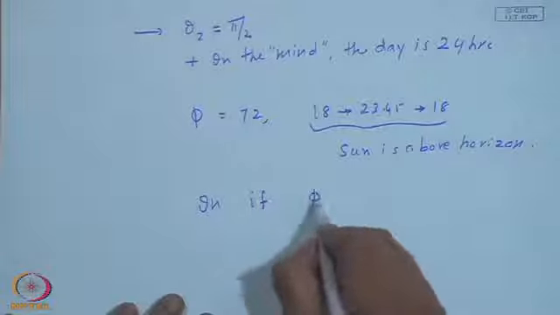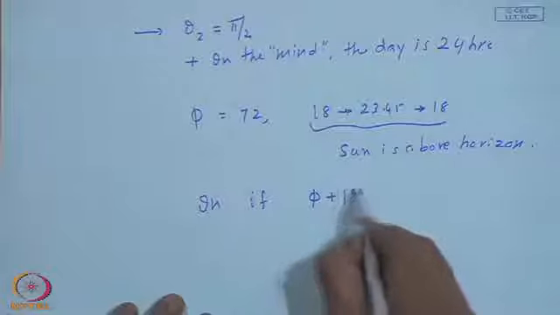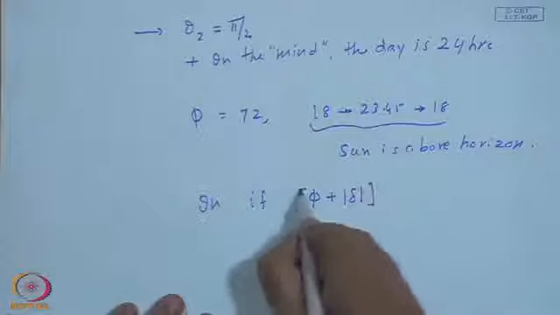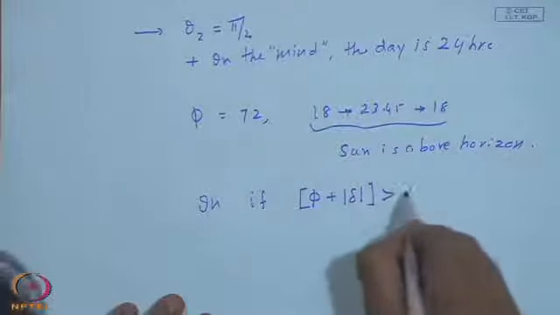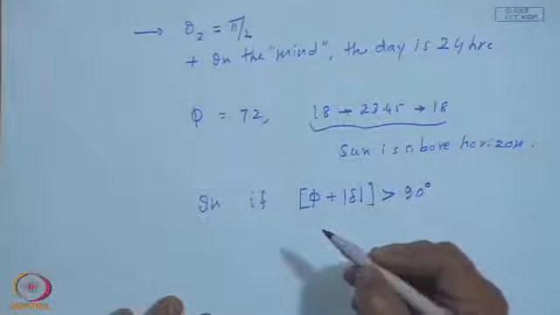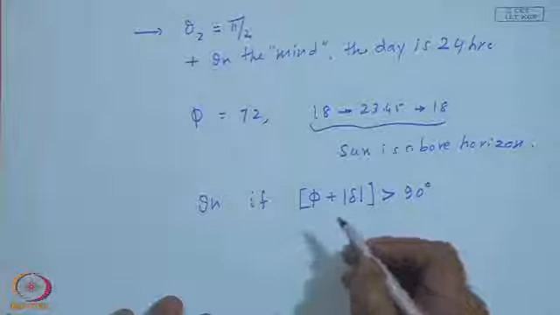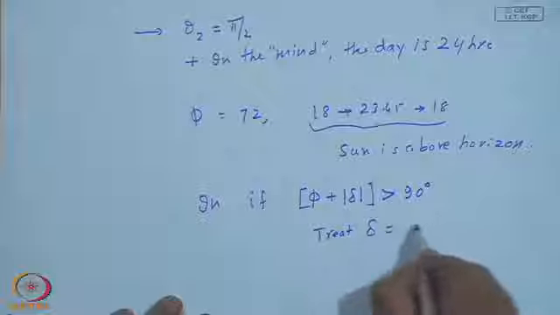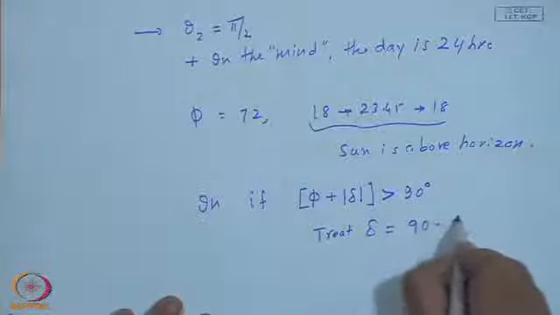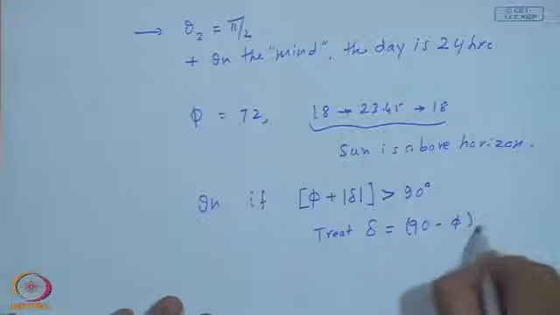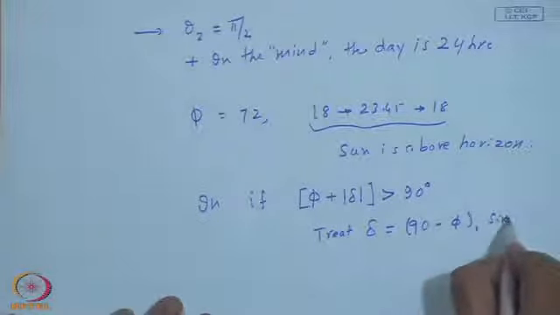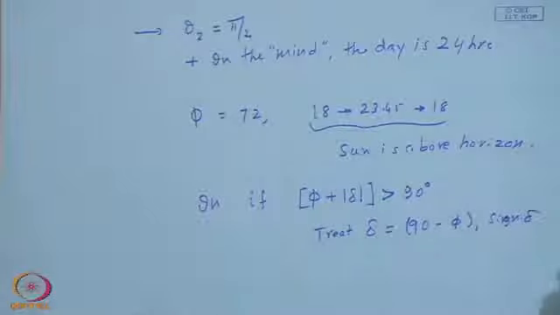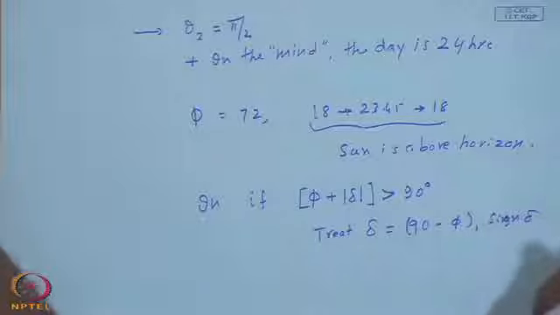Similar argument you can build for negative, or in other words, if phi plus mod delta is greater than 90 degrees, you calculate 90 minus phi and treat the delta as equal to that number with the sign associated with the original delta.